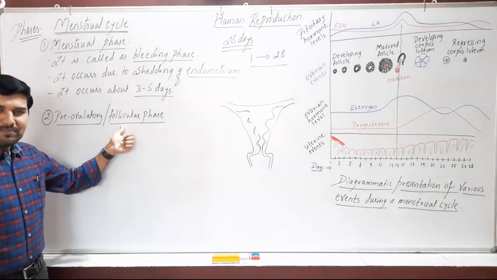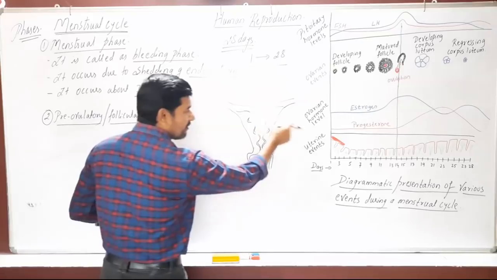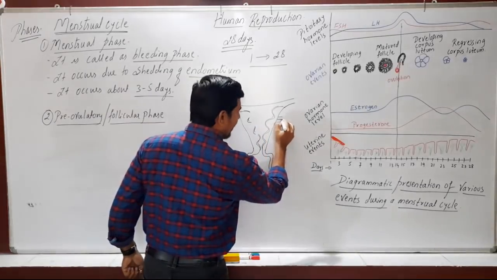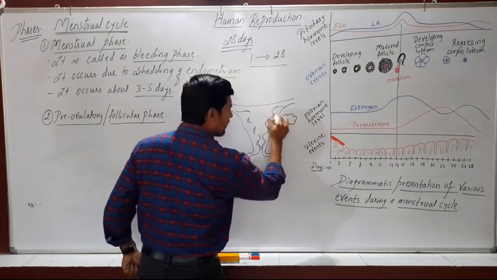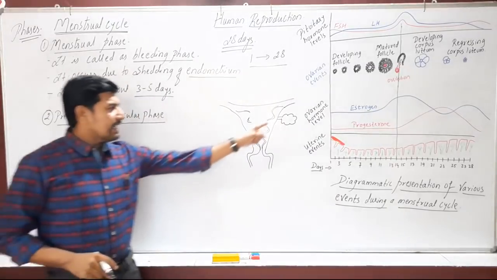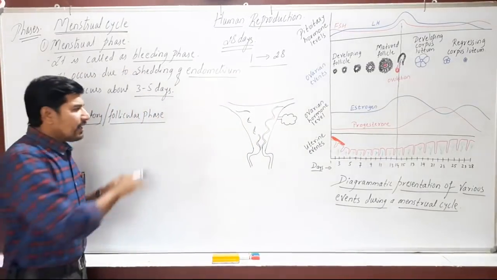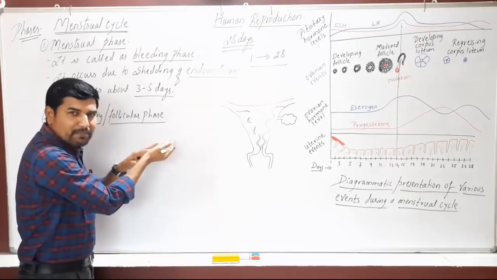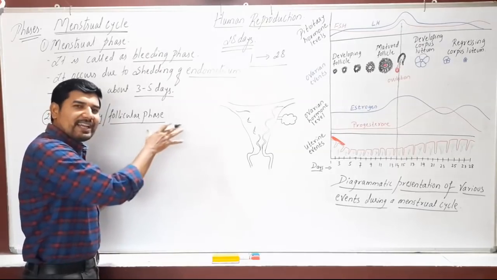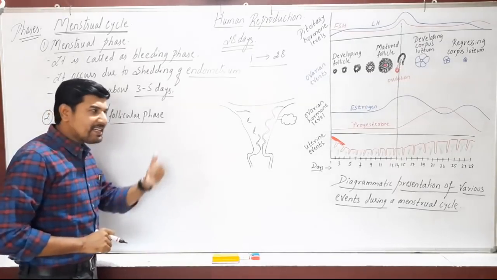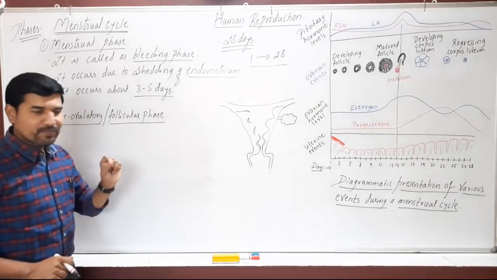In the ovum, suppose if we take the structure of the ovary, inside the ovary the follicle should get developed so that the follicle matures into the graafian follicle, inside which the ovum is present.